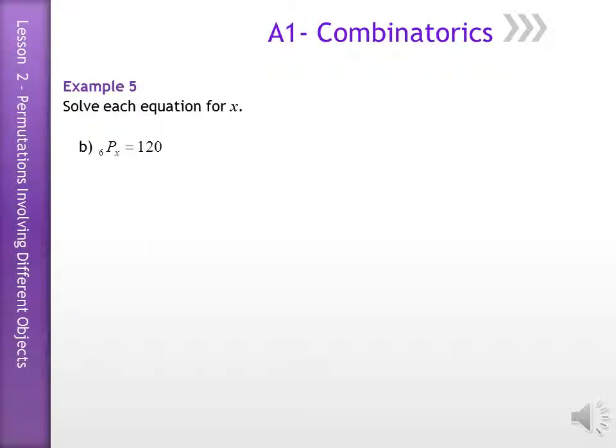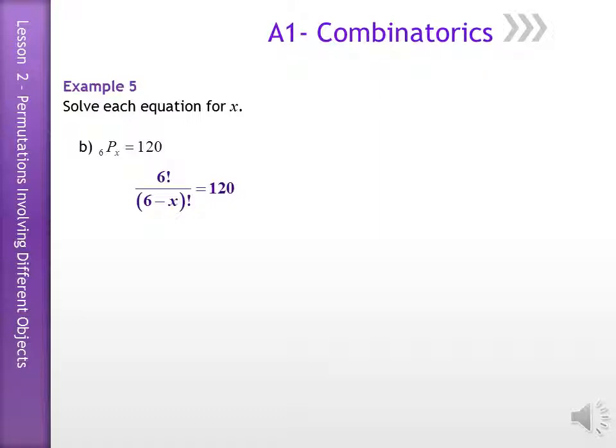5b. Again, we are solving for x, and we have 6Px equals 120. We fill in the formula as we did before. We would have 6 factorial on the top, 6 minus x factorial on the bottom, and it equals 120. In this case, the variable that we are trying to solve is in the bottom of the fraction.